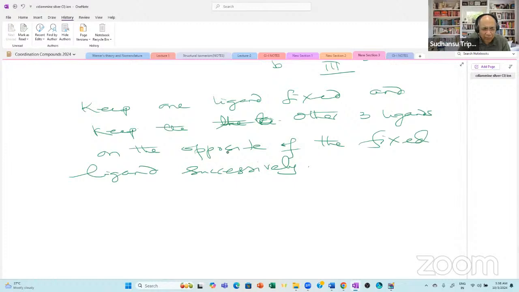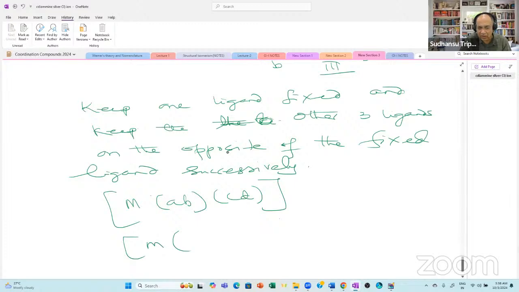Now, from a layman's point of view, supposing you make a group AB and CD. And what are the other possibilities? When you are making a group, A is opposite to B, C is opposite to D. You can have A opposite to C, B opposite to D. And what more you have?